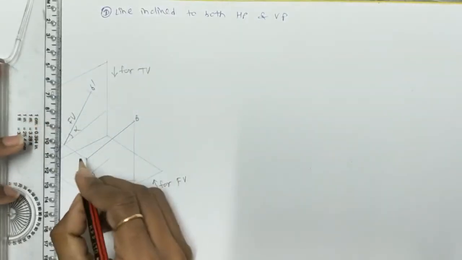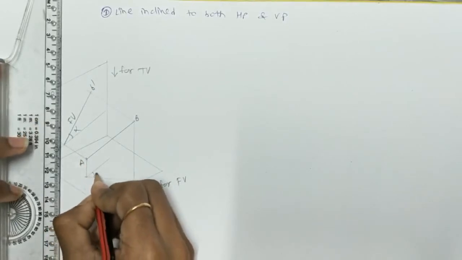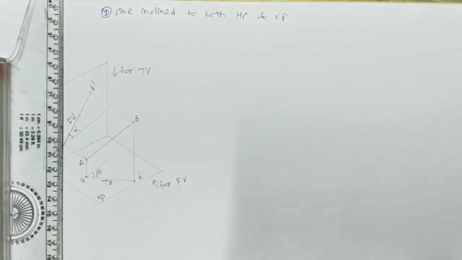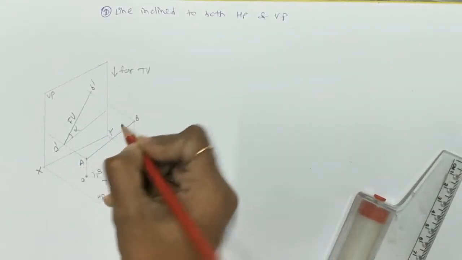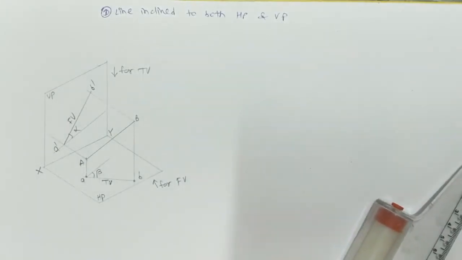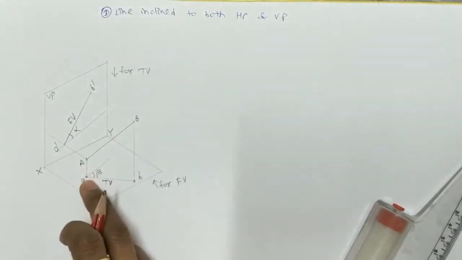This is the inclination angle, which is beta, and these points are point A and point B, which is the top view. This is the intersection line of HP and VP, and give its name as line XY. So this is the front view and top view of line AB, which is inclined to both HP and VP.